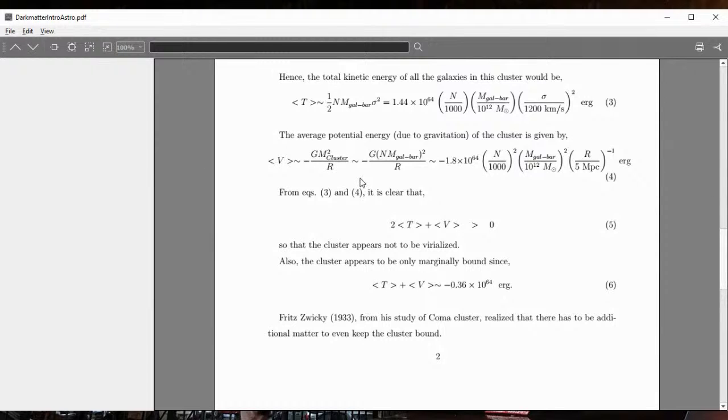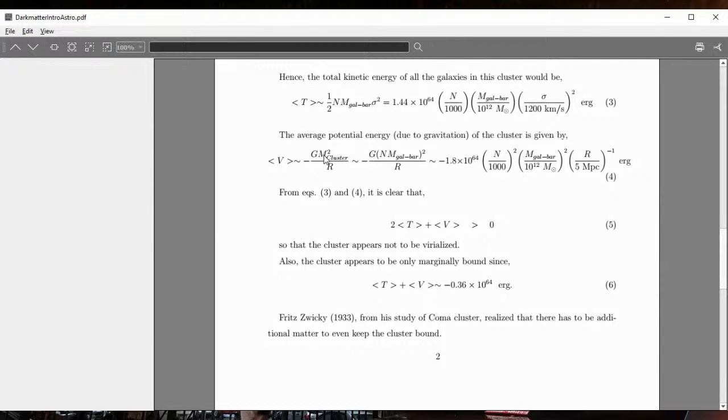If the mass of the cluster is more than n times the baryonic mass of the galaxy, then of course the gravitational potential energy will be more negative and it will compensate for the kinetic energy, because remember, kinetic energy goes linearly with the mass of the cluster, n times m gal. But the potential energy goes as the square of the mass of the cluster.